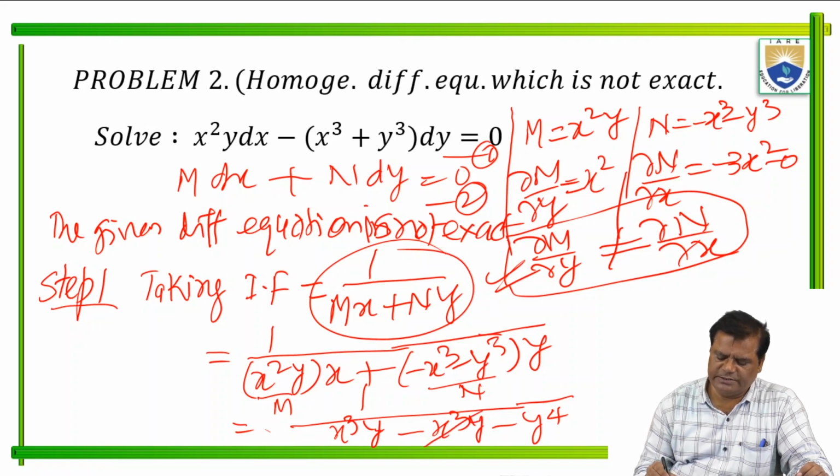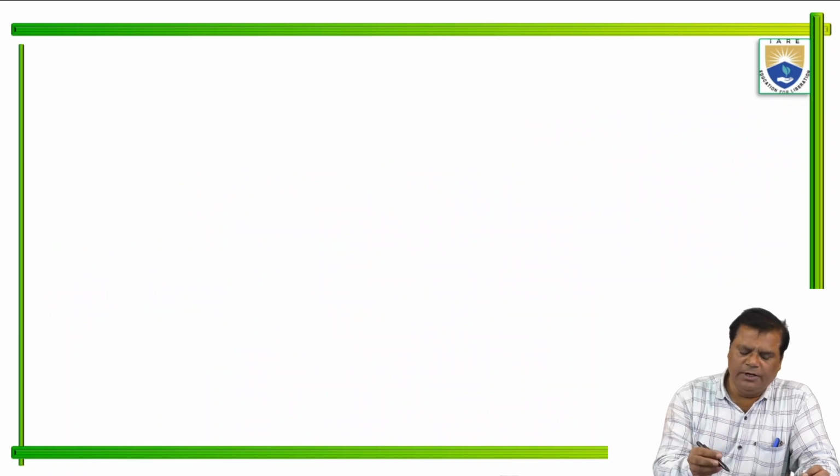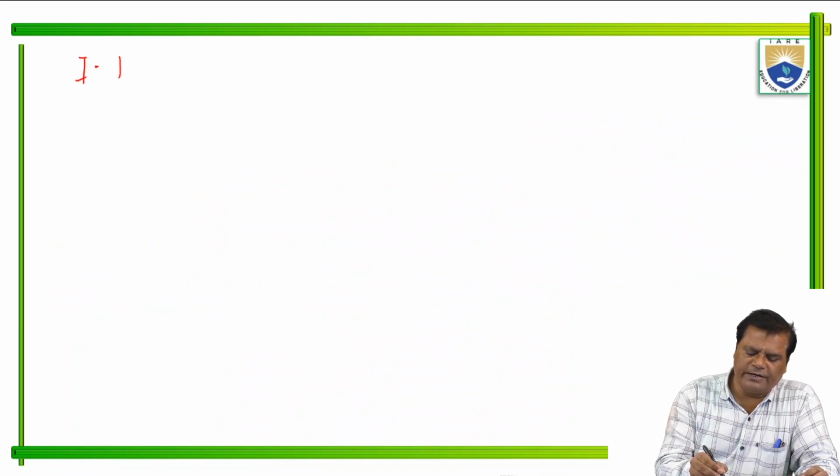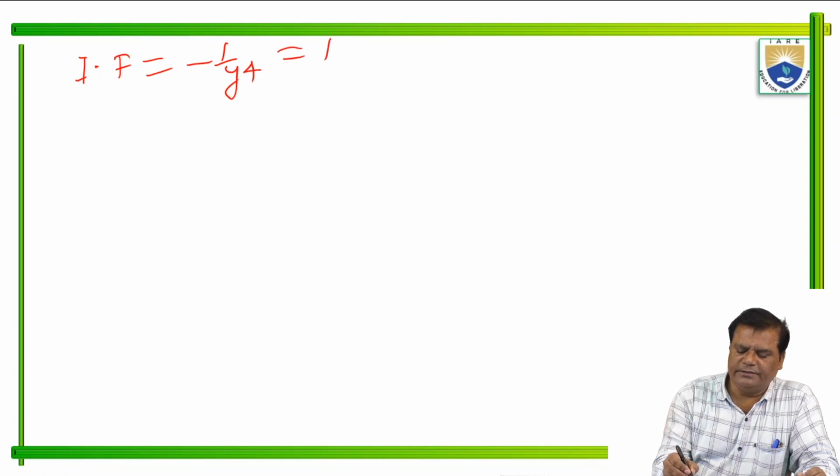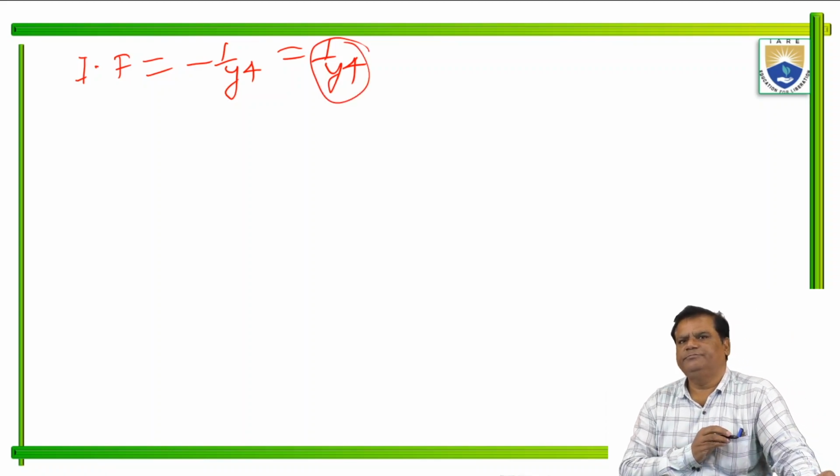This term is cancelled, so the integrating factor is only minus 1 upon y to the power 4. We can take this y4 only. This is the integrating factor.